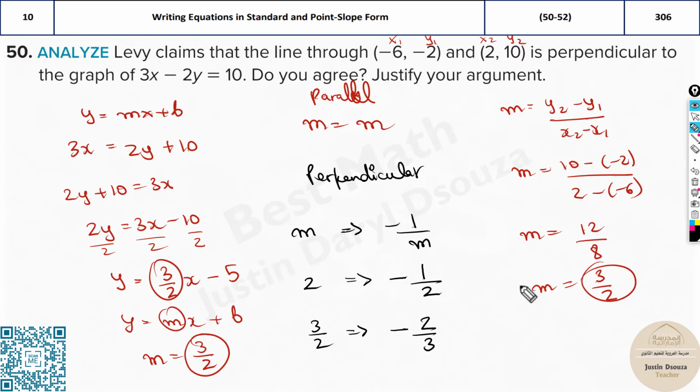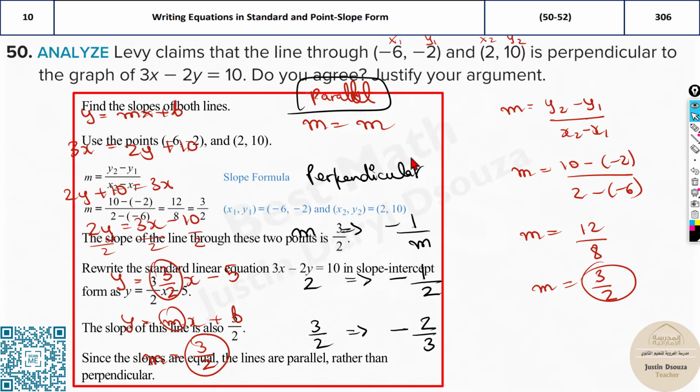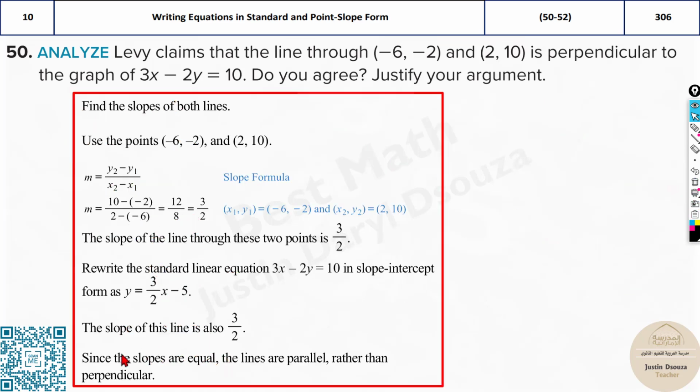We have the same slope, so it's parallel. If it was the negative inverse of that, then it would be perpendicular. So here we do not agree, because Levy is wrong. They are parallel lines because they have the same slopes. Since the slopes are equal, the lines are parallel rather than perpendicular.